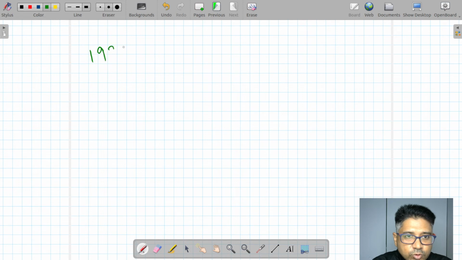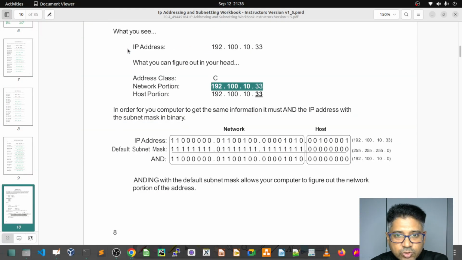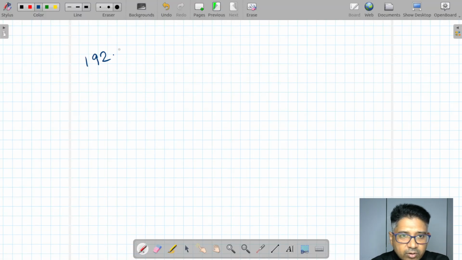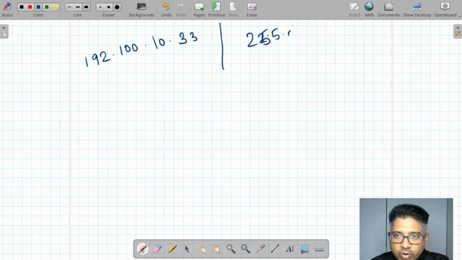My IP is 192 dot 168 dot 10 dot 10, and the default subnet mask we know, 255 dot 255 dot 255 dot 0.